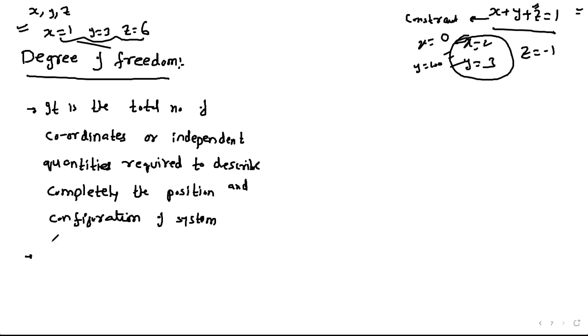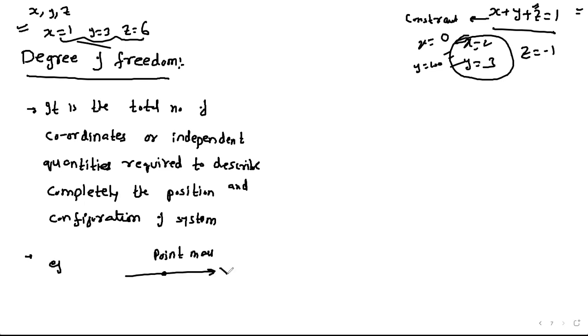This definition is fine. For example, you have a point mass. You know that a point mass can have only one type of motion, and that is translation. Your point mass cannot rotate, it cannot vibrate. For rotation and vibration, you need a rigid body, you need a system. If you just have a point mass, it can have only translational motion. What type of translational motion can it have?